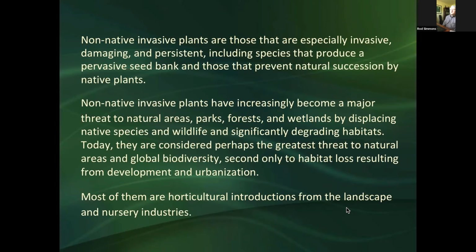A number of them are agricultural weeds or just accidents that came over from other lands. For instance, Japanese stiltgrass was thought to have arrived in North America as packing material, as dried grass, as packing material in shipping. But most of them are horticultural introductions. Next, please.